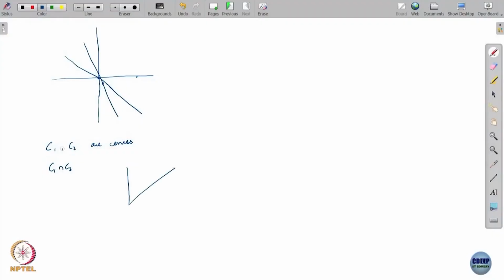See, it can happen that the two cones are like, say, here are two lines that intersect at the origin. They are individually cones, but their intersection is only the origin, right. So, you can have the problem that the intersection of two cones is this sort of trivial cone. Okay.